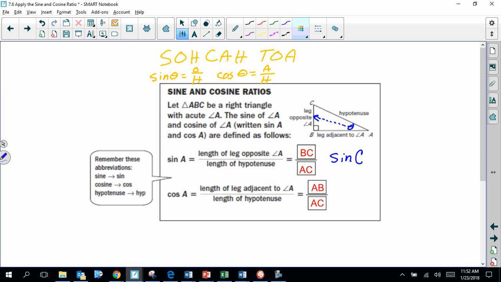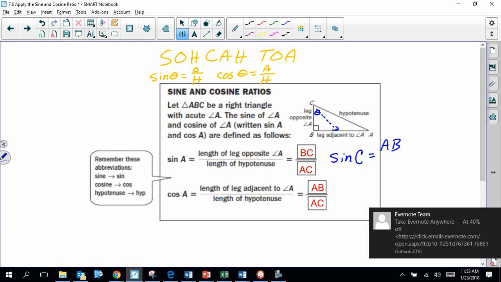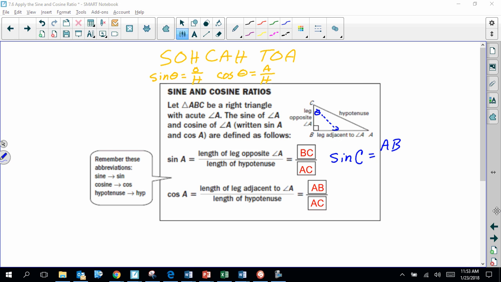So our reference angle can change. Here, the opposite side in this case would be segment AB. So I can say the sine of C would be AB over the hypotenuse AC.